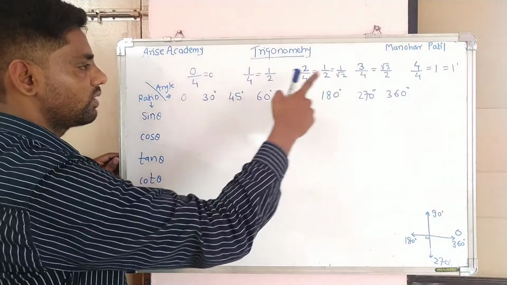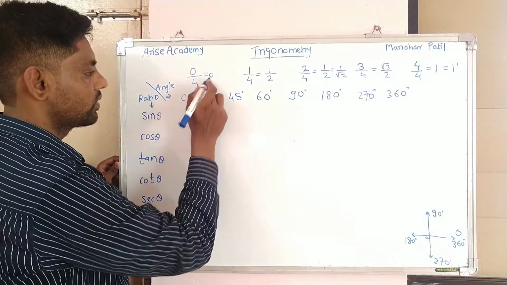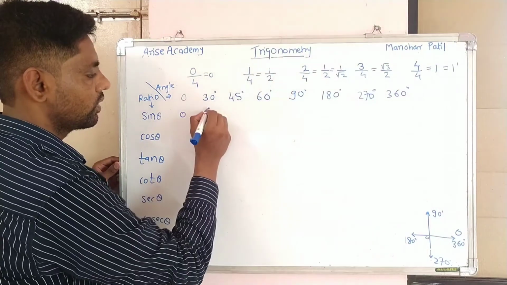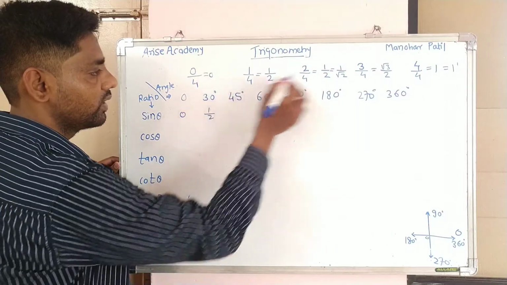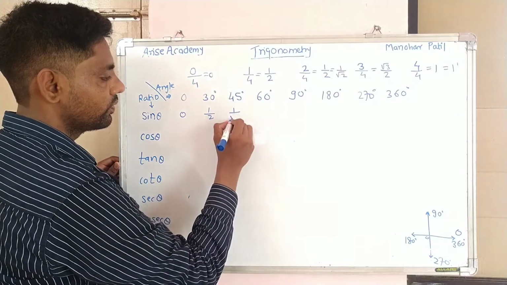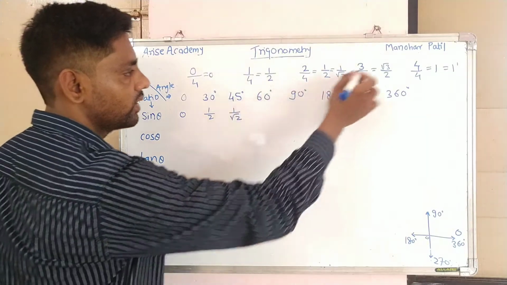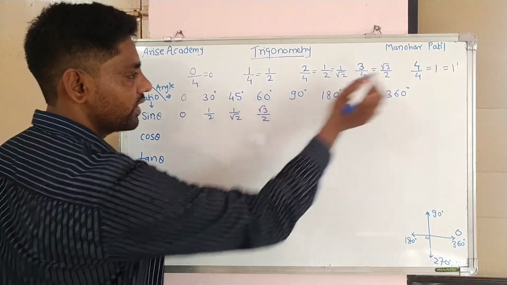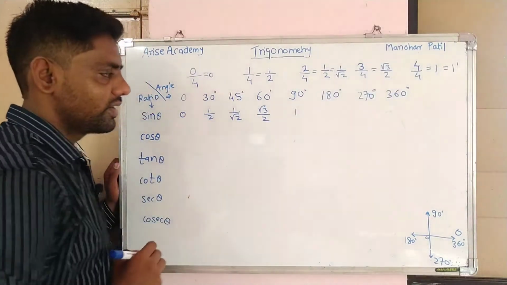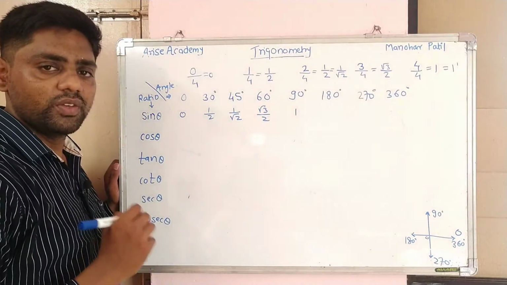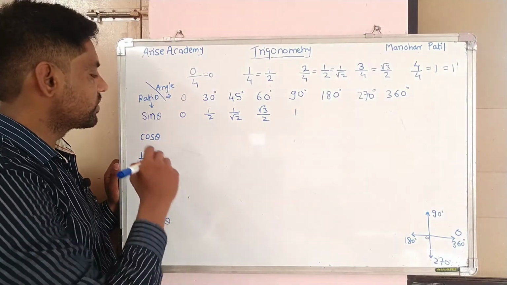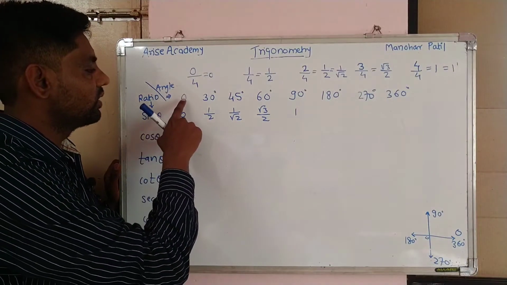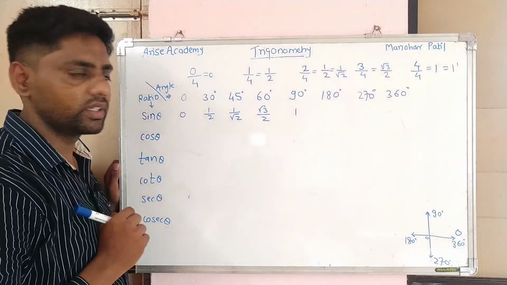So write down all the values for sin theta: 0 for 0 degrees, 1 by 2 for 30 degrees, 1 upon root 2 for 45 degrees, root 3 by 2 for 60 degrees and 1 for 90 degrees. In such a way you can find the values of sin theta from 0 to 90 degrees.